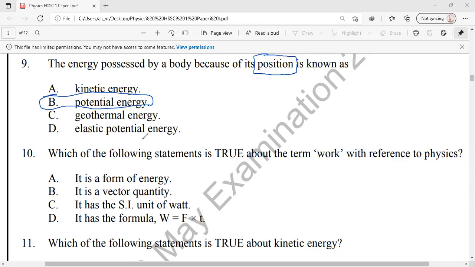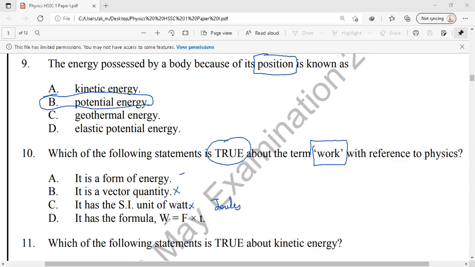Then let's see question number 10. Which of the following is true about work with reference to physics? Work is a form of energy. Work is a vector quantity: that is false because work is a scalar quantity. It has the SI unit of watt: that is incorrect because the SI unit of work is joules.